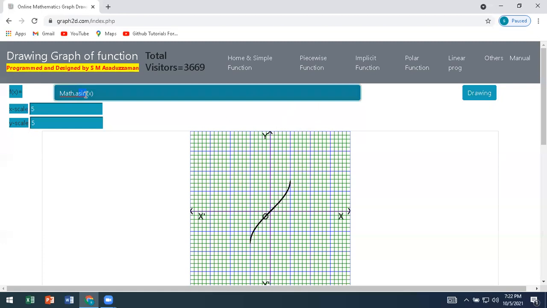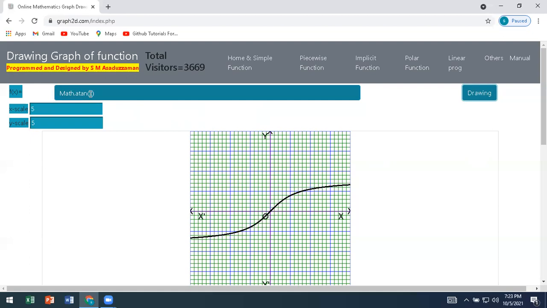For cos inverse x, Math.acos x, that means arc cos x or cos inverse x. Press the drawing button, we get the cos inverse x graph or arc cos x. Again, arc tan, we get the tan inverse x graph.